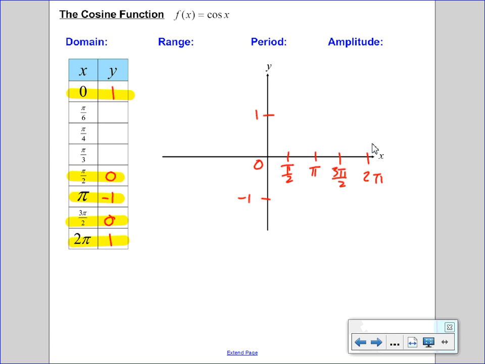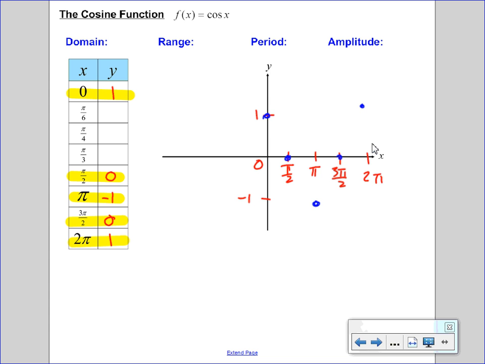This is cosine. Like the griffin ride, they stop you at the top and then they drop you. Cosine starts at the top. Cosine starts at 1, then it goes 0, negative 1, 0, then back up to 1.